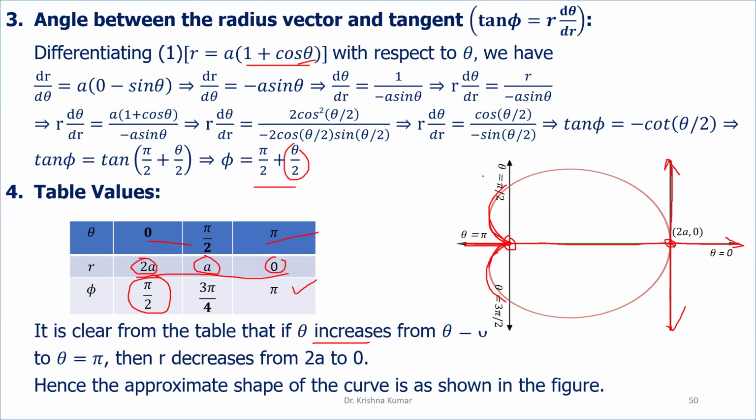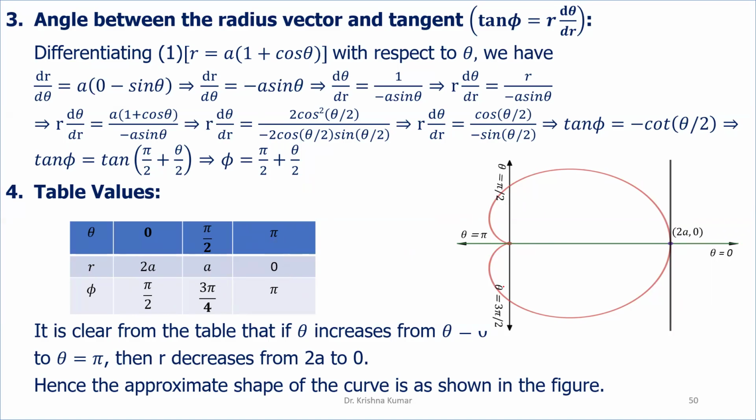And another thing, if we put theta equal to pi by 2, what is the tangent? 3 pi by 4. 3 pi by 4 means what? At this point, this is the tangent like this.